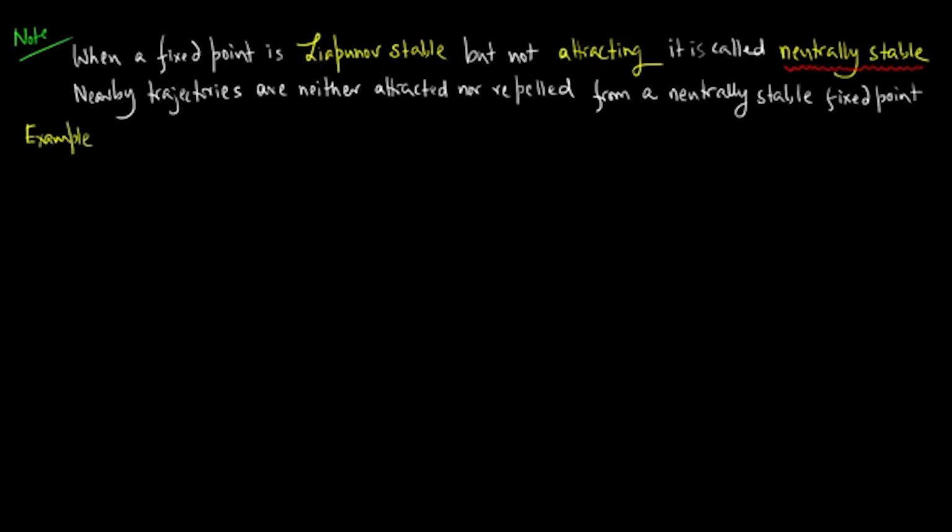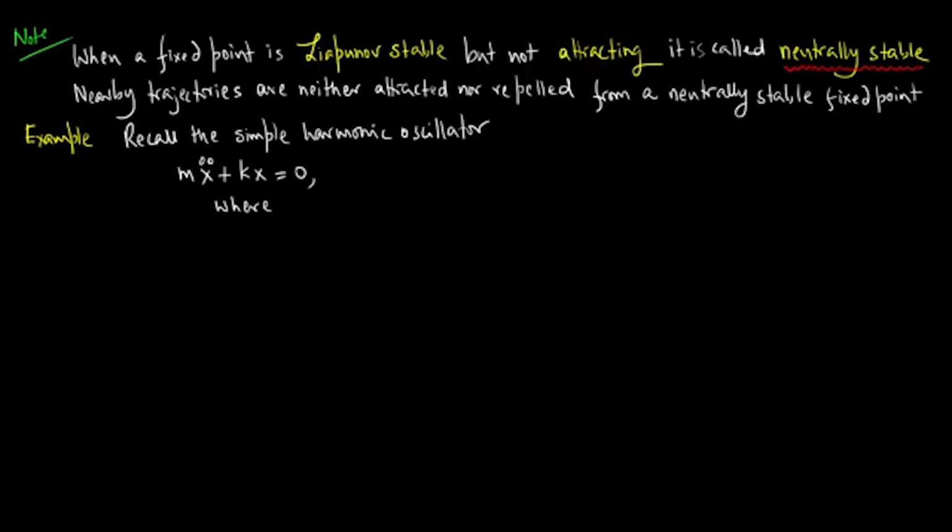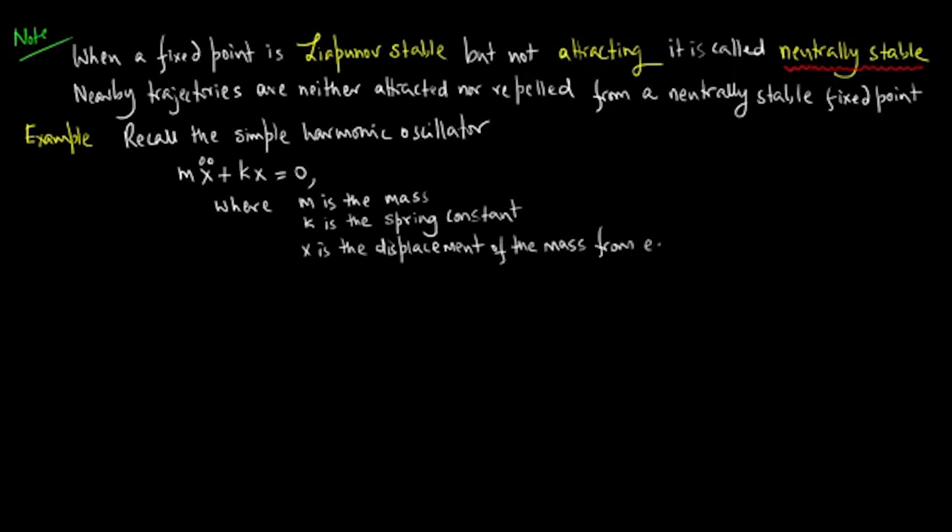Let's consider an example. Recall the simple harmonic oscillator m x double dot plus k x is equal to 0, where m is the mass, k is the spring constant, and x is the displacement of the mass from equilibrium.